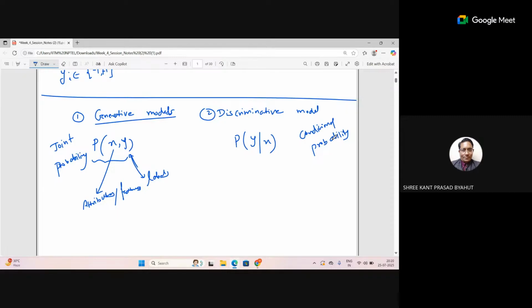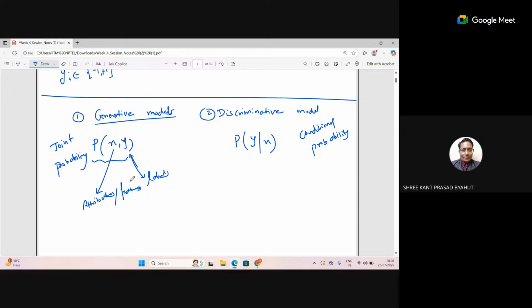The condition is that I have seen the data x, and based on that data, what is the probability that it will take y, or what will be the label of y, whether it will be 1 or 0, or 1 or -1.